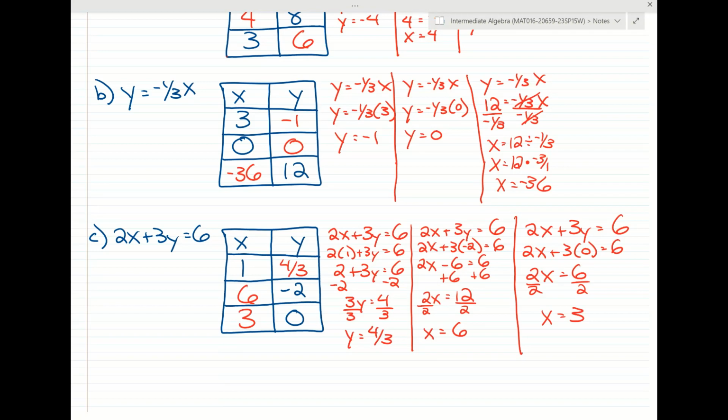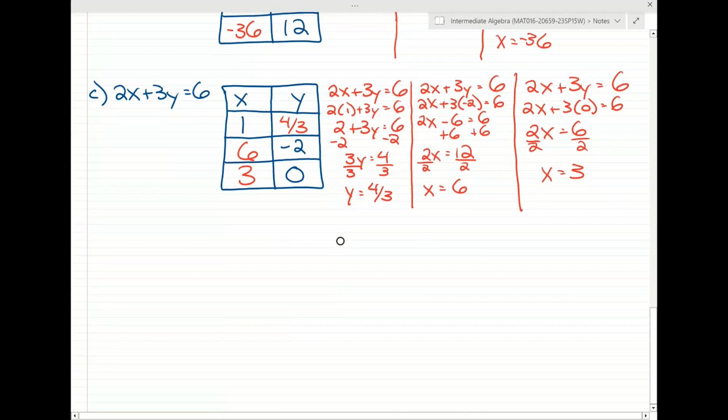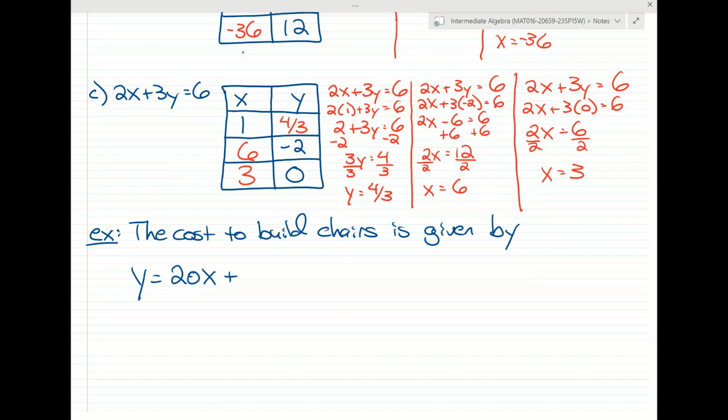All right, one more example for this section. All right, so let's say the cost to build chairs is given by y is equal to 20x plus 1,500.